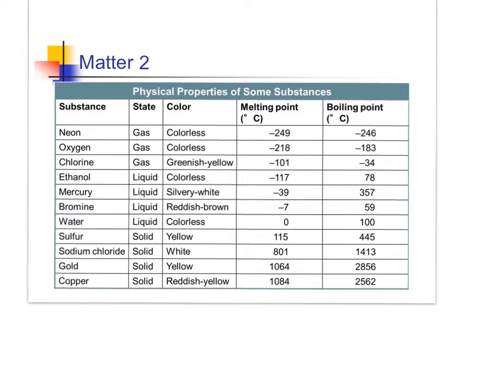Now, you're probably looking at 54, 55 degrees Celsius above what is known as absolute zero, negative 273. And so it is very, very cold.